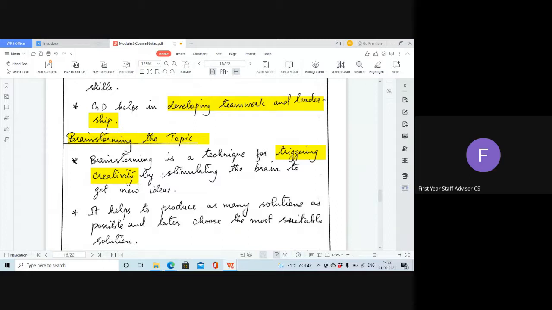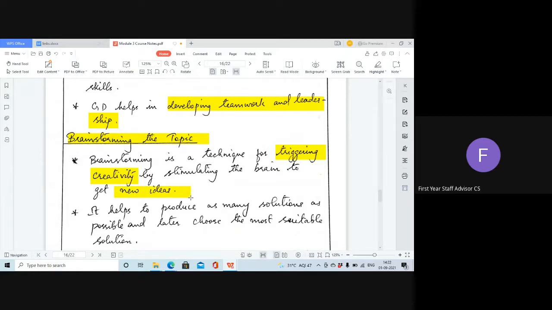They come up with new ideas, and if one person's idea is not that good, he is not pushed back; instead people consider that idea as equally important as a good idea, and they try to find new suggestions for it. This is done by stimulating the brain to get new ideas.